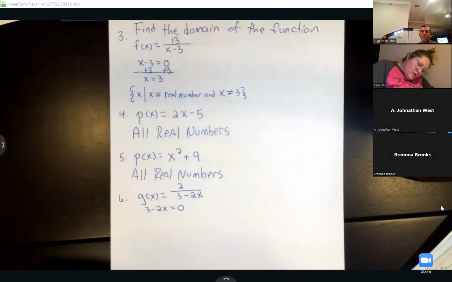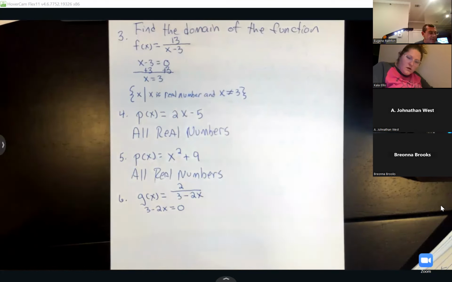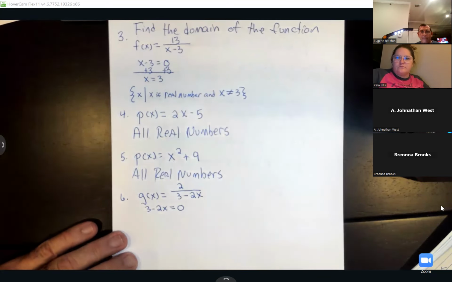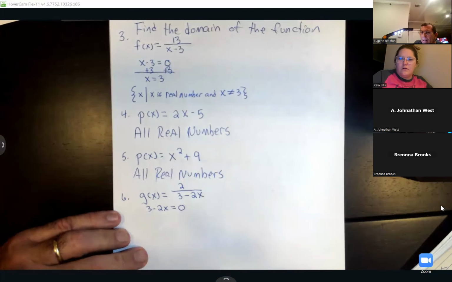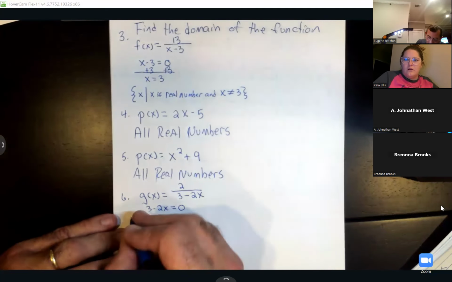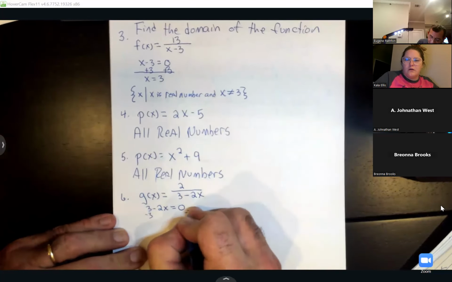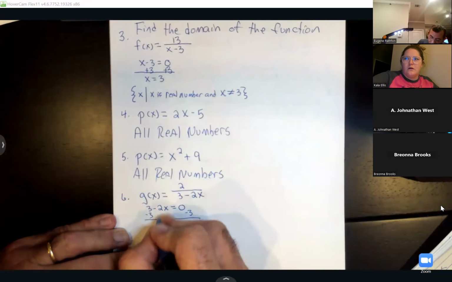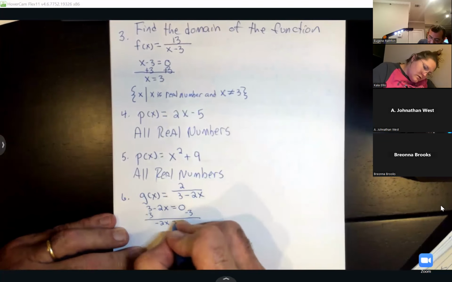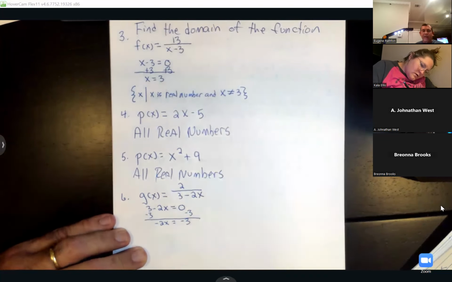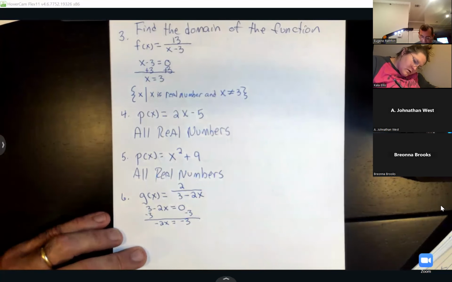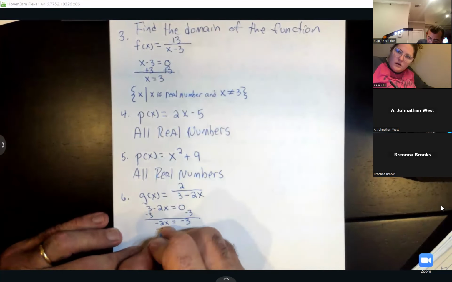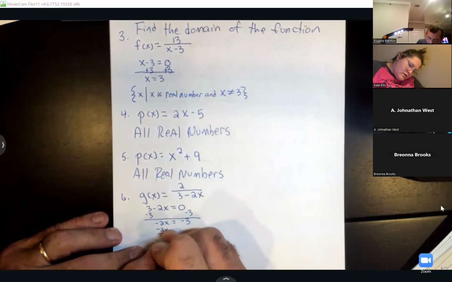All right, so I'll let y'all solve me. What y'all want to do to that? Guess we gotta subtract 3 from both sides. Yes, do we have to subtract 3 from both sides? I can do that. So I get negative 2x equals negative 3. And then divide by negative 2.